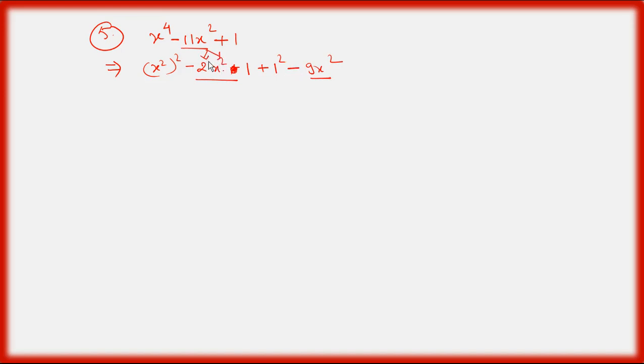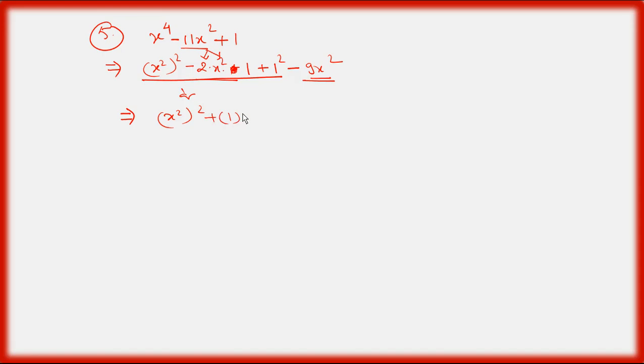Minus 11 minus 2 minus 9 is 11. So you need to judge whether we will get a square number or not, and we can express these three terms in a square form and you can solve, or you can do further steps.